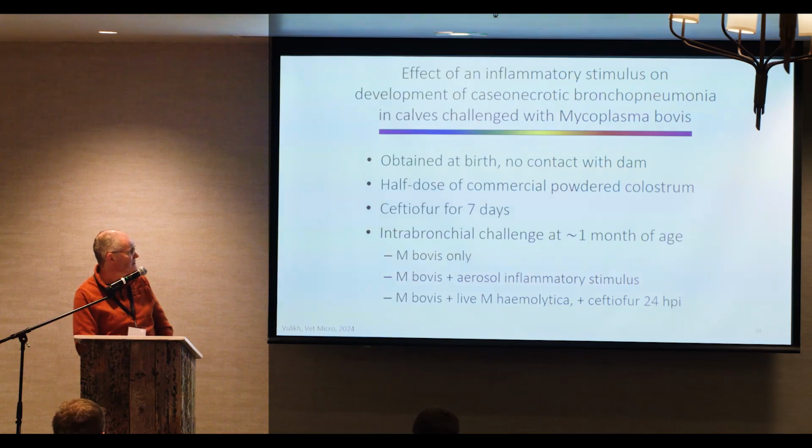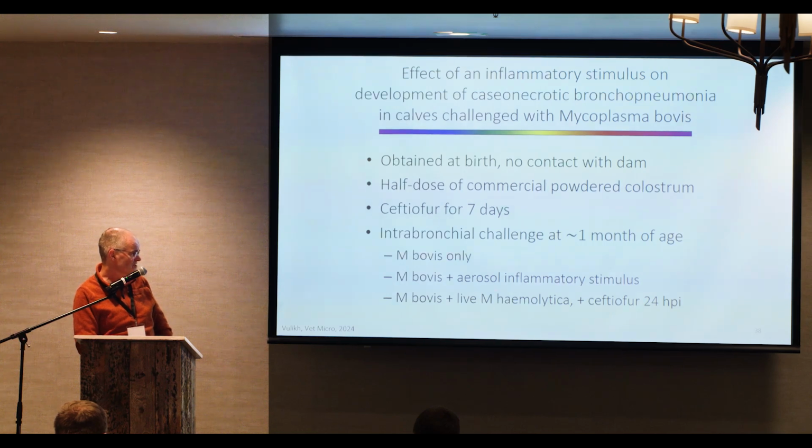We brought them into the isolation unit, raised them as follows, and then they got challenged into the lung with one of three different challenges: either Mycoplasma bovis alone, Mycoplasma bovis plus our inflammatory stimulus, the same one that I mentioned before, or Mycoplasma bovis plus Mannheimia hemolytica, which is the classic cause of shipping fever pneumonia in cattle.